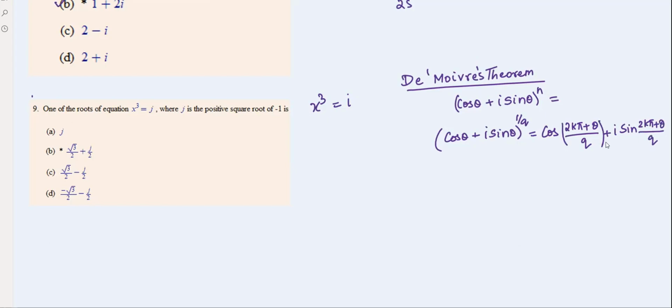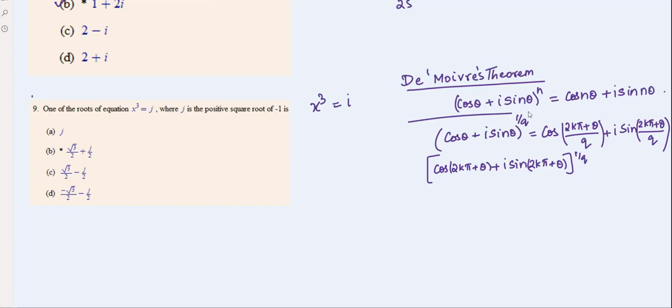Why do you get this? Very simple. Because you can write theta as 2k pi plus theta, so cos (2k pi plus theta) plus i times sin (2k pi plus theta), whole power 1 by q. According to De Moivre's theorem, you get cos n theta plus i sin n theta.